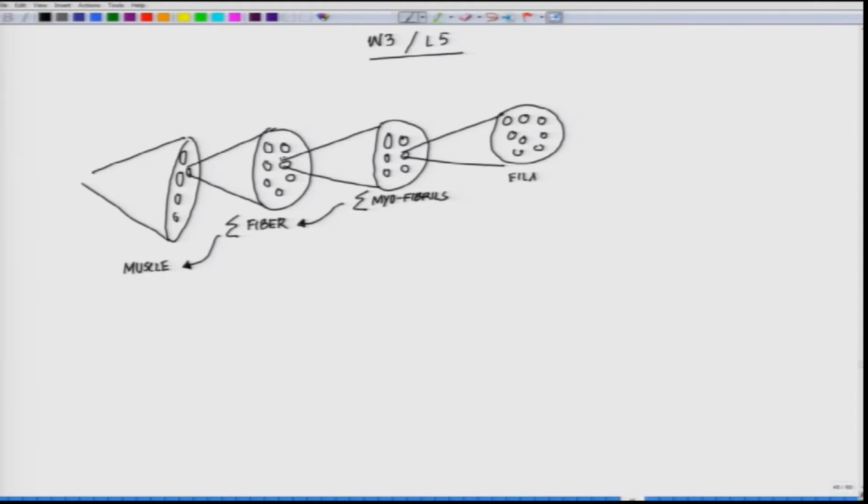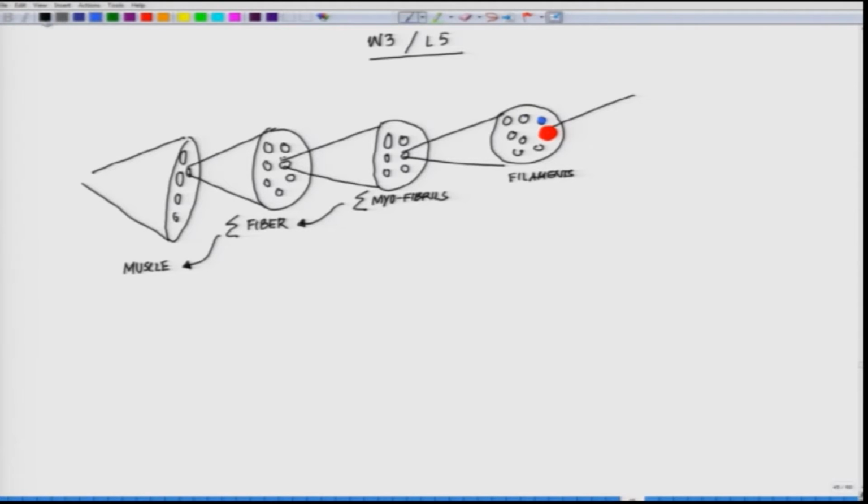From the myofibrils we have now narrowed down our search to filaments, thick filament and the thin filaments. So, let us color them differently. Okay. This is the red colored filament and you have these blue colored filaments.